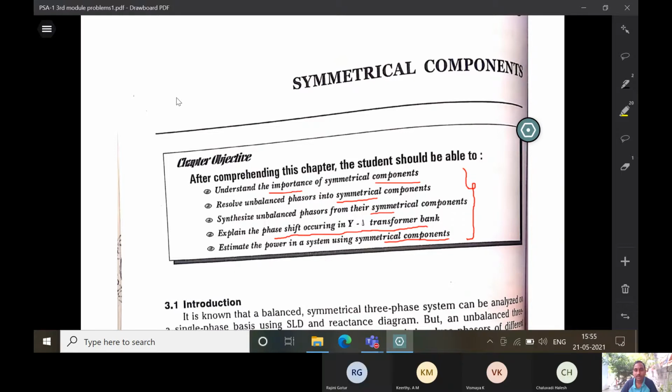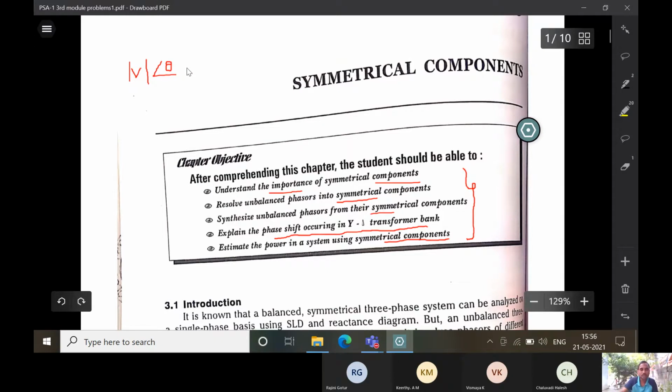But in unsymmetrical fault analysis, the magnitude and phase angle both will change after the fault. The magnitude and phase angle of the voltage, current, and all the quantities will change in case of an unsymmetrical fault.